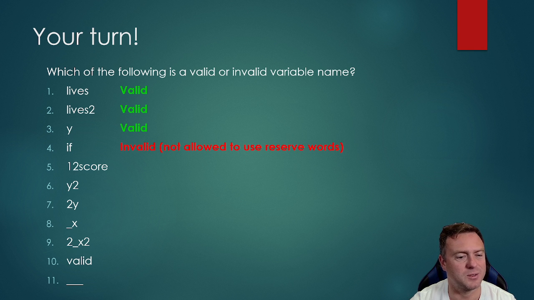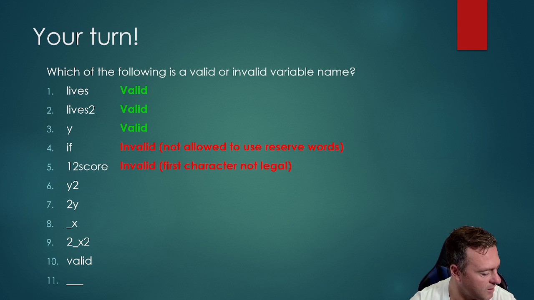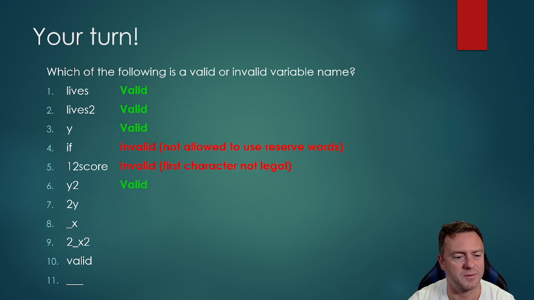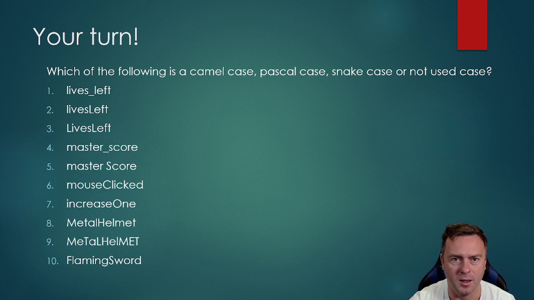If is invalid because that's one of those reserved words. 12score is invalid because the characters are illegal at the start there. We then have y2, which is valid. 2y, which is invalid. This is valid because you're allowed to use underscore. 2 is invalid. Valid is valid. And then underscore, underscore, underscore is valid, which is pretty bad programming if you do use that.